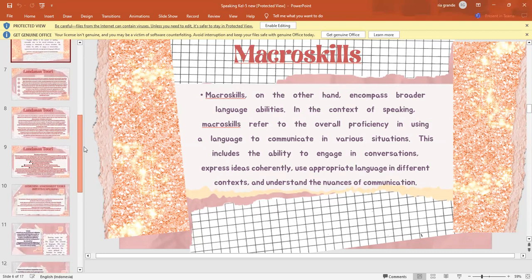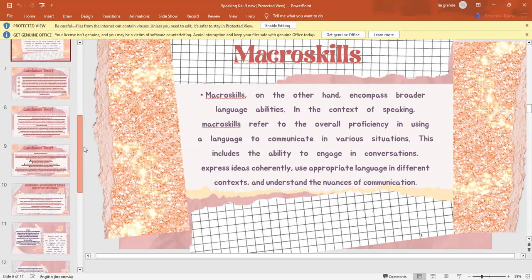This includes the ability to engage in conversation, express ideas coherently, use appropriate language in different contexts, and understand the means of communication.